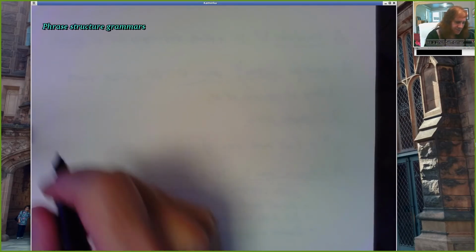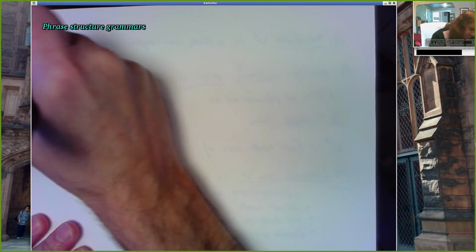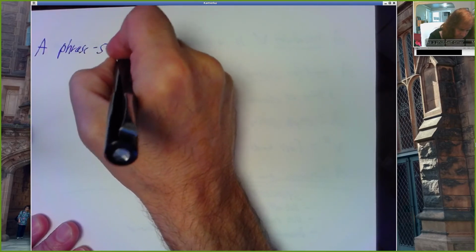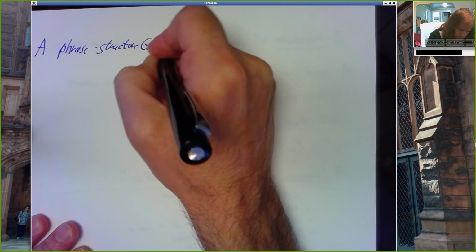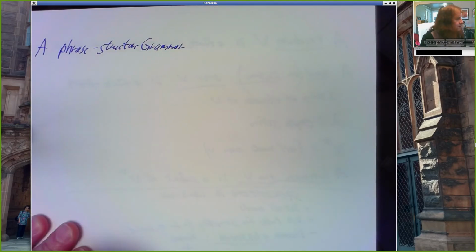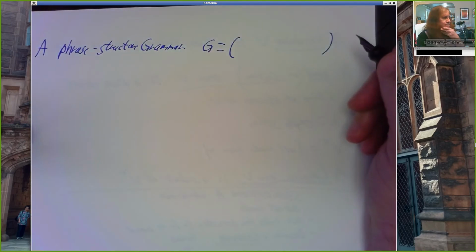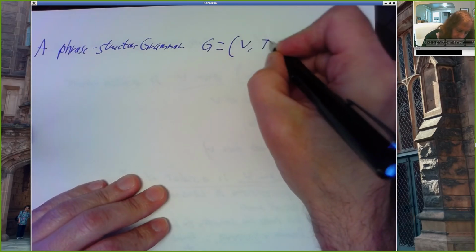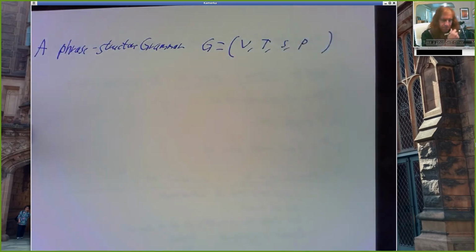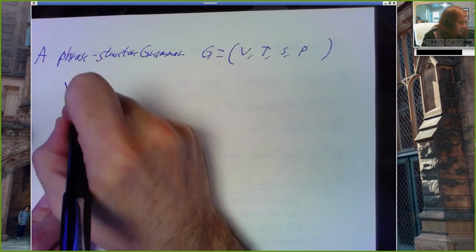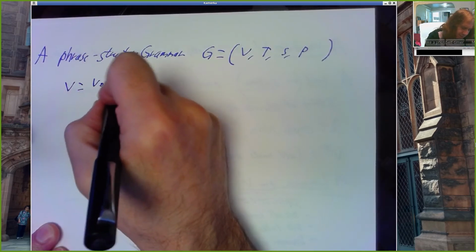All right, some more definitions. A phrase structure grammar, G, is a four-tuple. So it's comprised of four things, three of which are sets. V is the vocabulary.